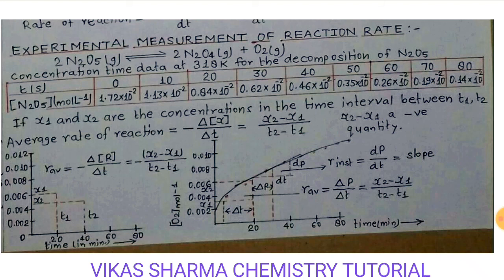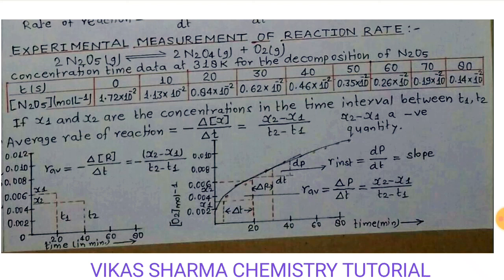So if x1 and x2 are the concentrations at times t1 and t2, the average rate of reaction is equal to minus delta x divided by delta t, where delta x is x2 minus x1 and delta t is t2 minus t1. Here you can use any time interval.